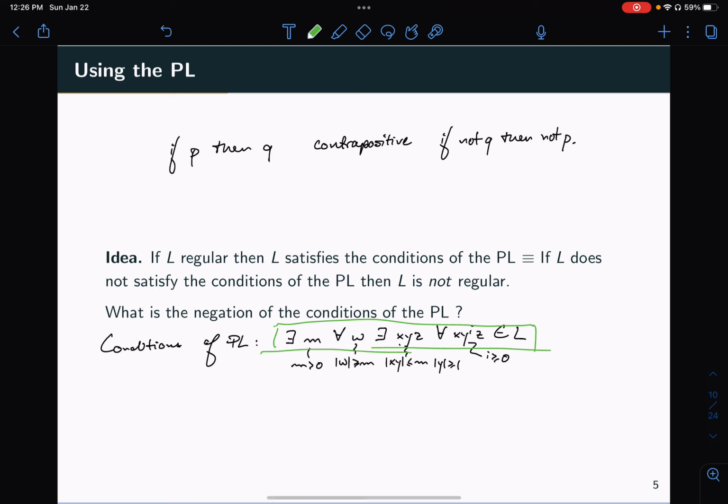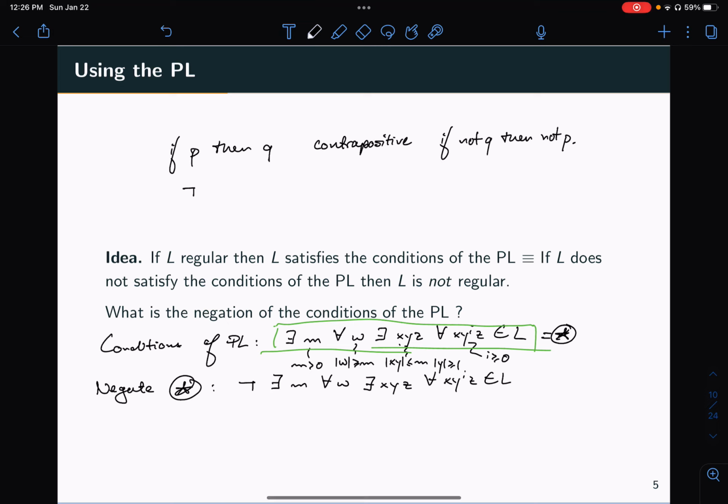And so now we need to negate, if we label this star, we need to negate the star, right? So essentially we need to add a negation operator to there exists m, for every w, there exists x, y, z, for every i, x y^i z is in L, right? Well, hopefully you'll remember this from your discrete math class.